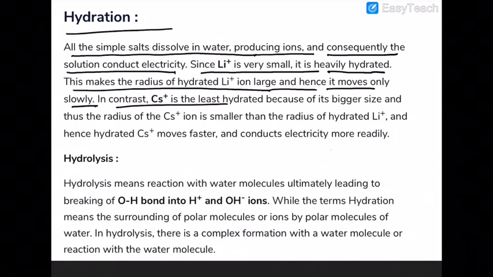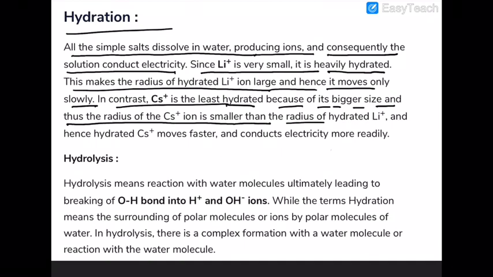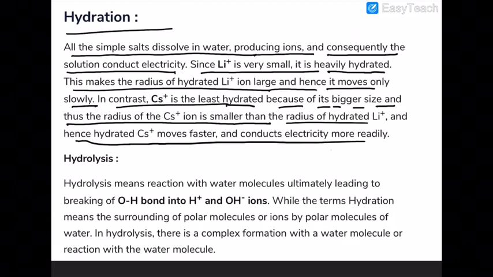In contrast, the Cs+ ion is least hydrated because of its very large size, so the radius of the hydrated Cs+ ion is smaller and that of Li+ is very large. So hydrated Cs+ moves faster and electrical conductance is more.